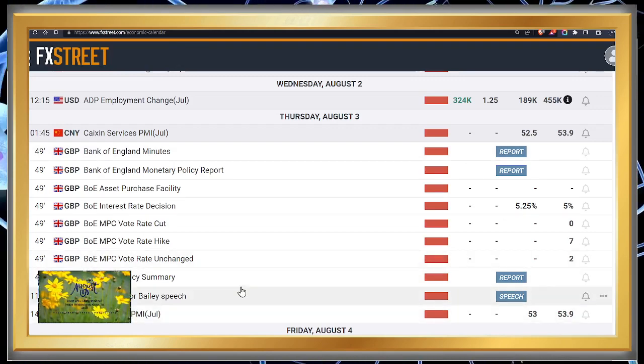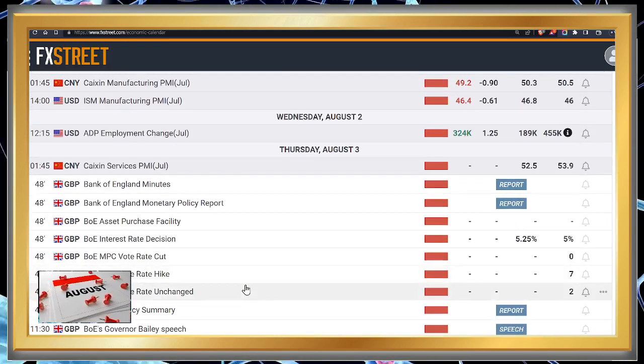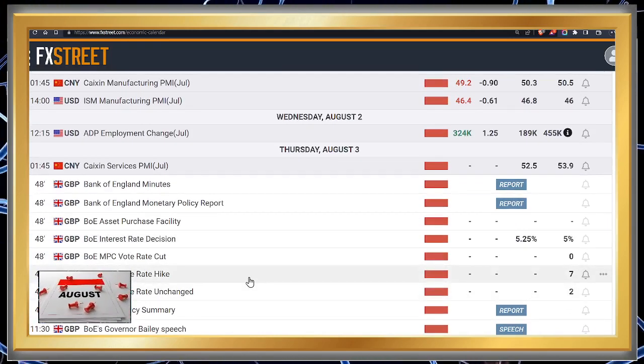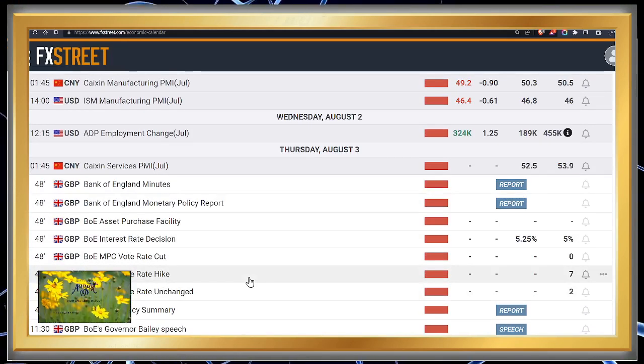So, right here on the economic calendar, we have a handful of high impact events coming in from the United Kingdom and the US economic docket.